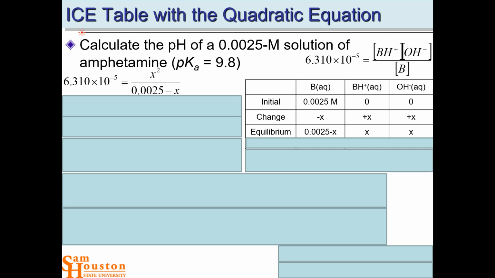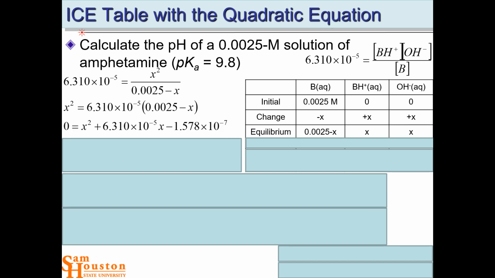So we need to get this in the standard form for a quadratic formula. So we need to get rid of that denominator by moving it over to the left, and then we need to rearrange so that we have 0 on one side, x squared, x, and the constant. So we've moved things around a little bit. We moved the 0.0025 over to the other side, and we just reversed everything, so x is on the left.